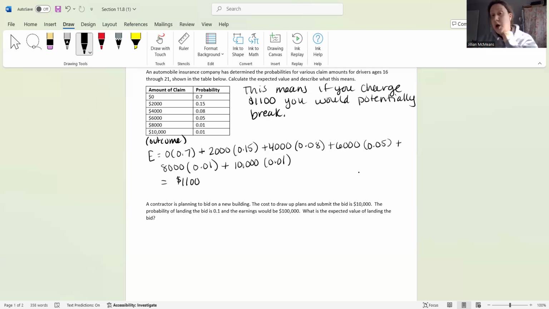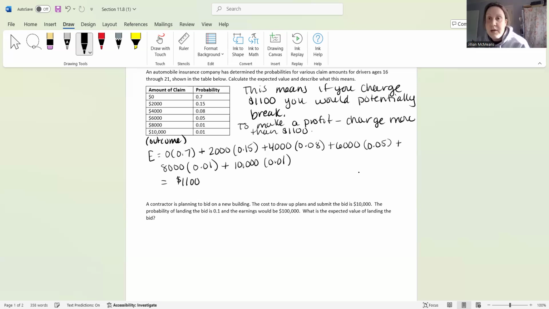Now, if you charge $1,100 for this policy, you would potentially break even. To make a profit, you would want to charge more than $1,100.